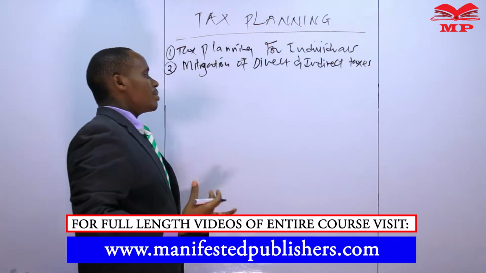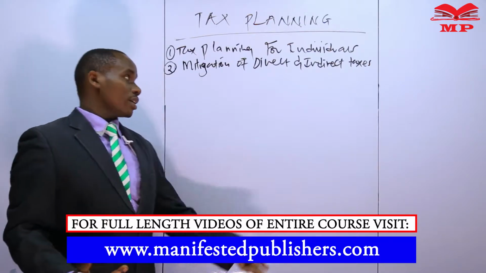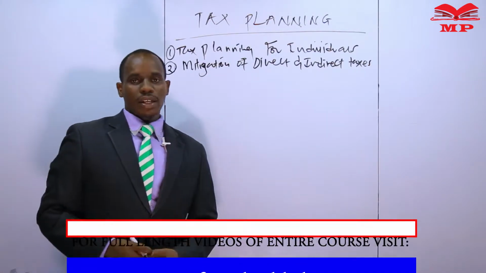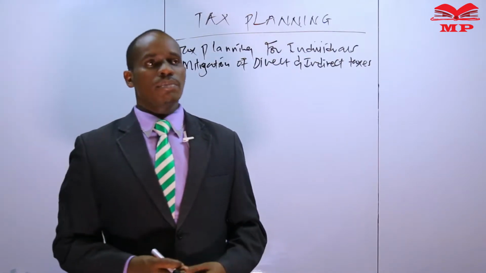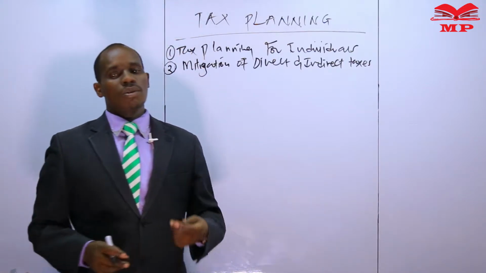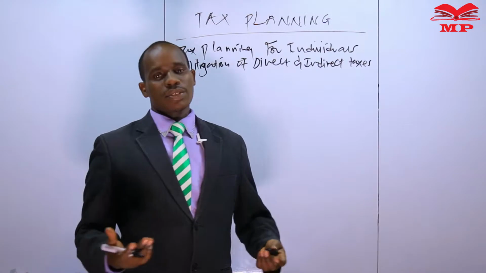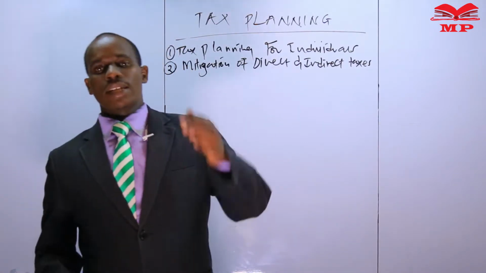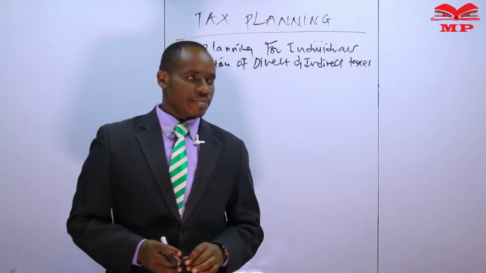So how can we minimize the effect of both direct and indirect taxes? Direct taxes are simply those taxes whereby the impact and the incidence are on one person. A good example is Pay As You Earn, which is a good example of direct tax.